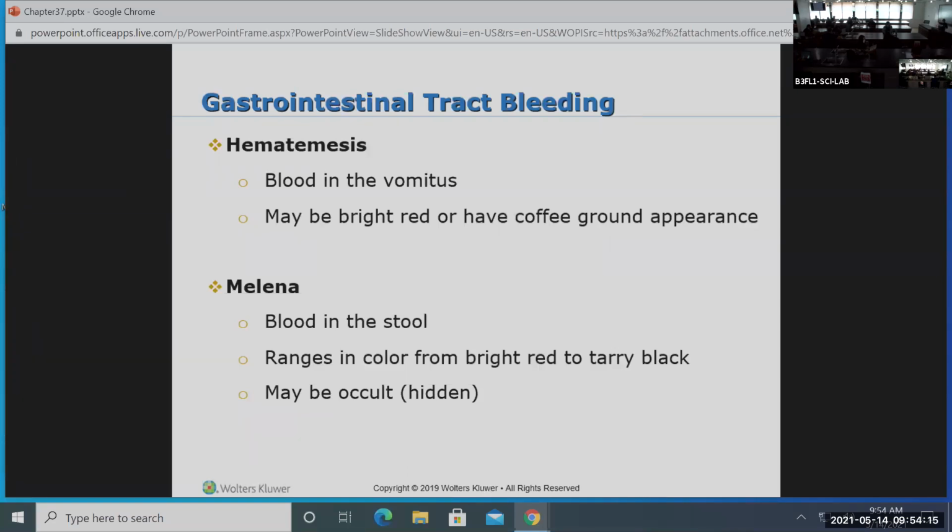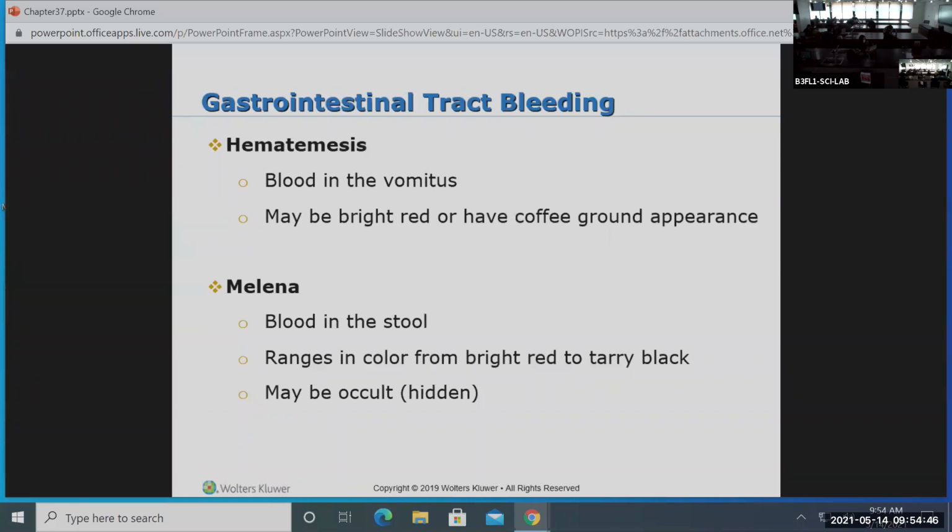Hematemesis, when you're throwing up, if it's blood stained, it's called hematemesis. Blood in the vomitus, that is hematemesis, may be bright red or maybe coffee ground in appearance because the blood is already altered by the enzymes in the stomach. The enzymes in the stomach altered my blood, turning it from red into coffee ground, a coffee color.